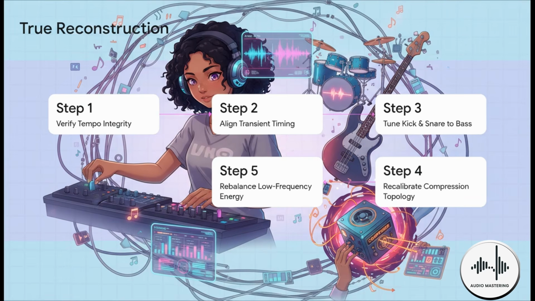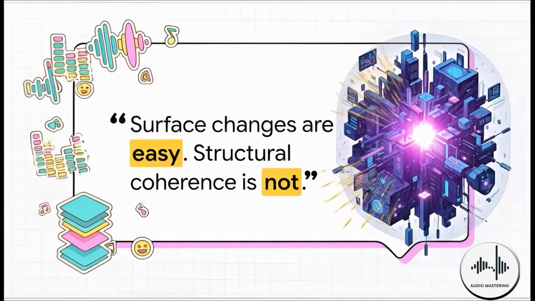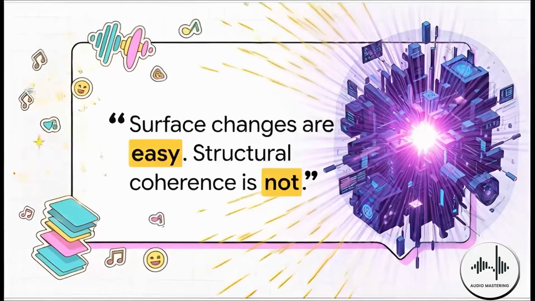To truly integrate a new element, like a completely different drum kit, you can't just drop it in. You would have to do a full-scale reconstruction. And that means checking the tempo integrity, aligning every single transient hit, retuning the new drums to the existing bass, rethinking the entire compression topology, and then rebalancing all of that low-frequency energy. You're not just modifying, you are re-architecting the song's entire foundation.